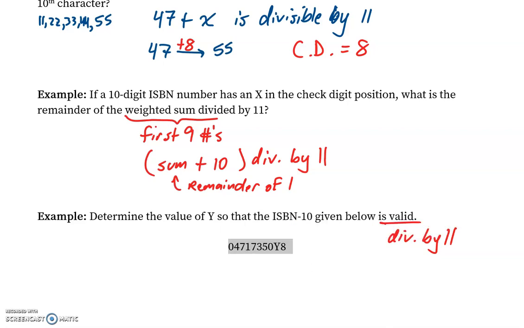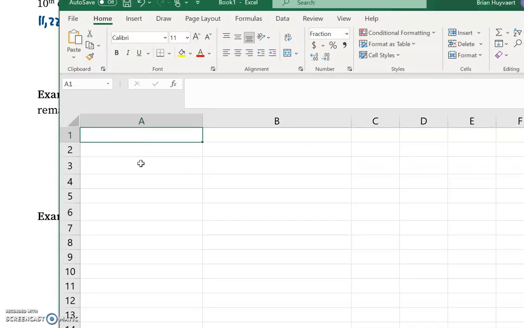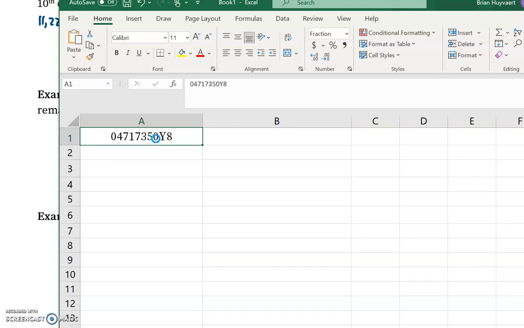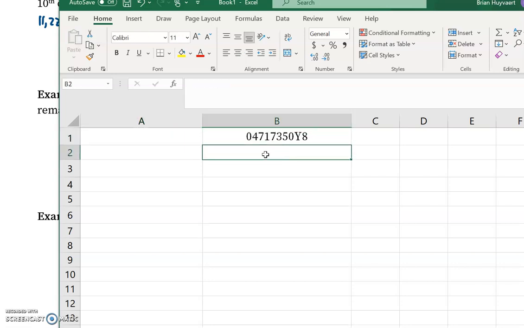We saw last time, 0 at the beginning could be a problem. So when I copy this over, if I just do Control V, hit enter, it actually lets me keep it, and the reason is because it has that Y in there. If I change that to a number, it'll probably take the 0 off. And we said the easy fix is just to do an apostrophe, and then we don't have to worry about it. Actually, I'm going to move this over here.